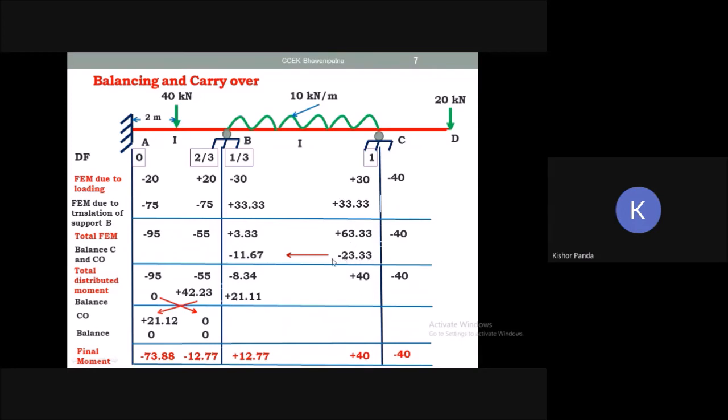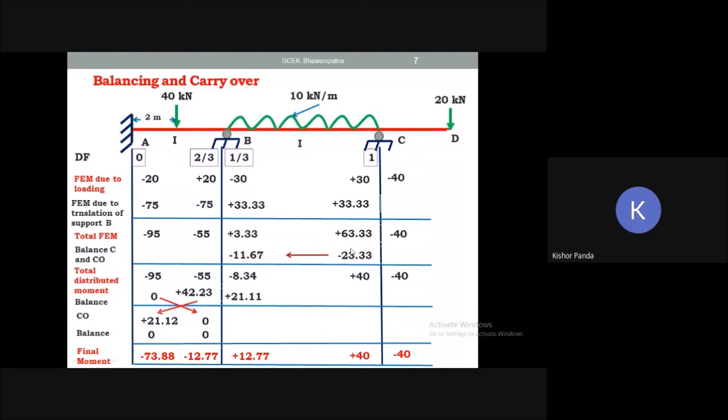Then carry over this moment to the other end. So here you got minus 23.33 balanced. Then take the carryover to the other end: half of the moment that you carry over to the other end of the same member. So here this is minus 11.67.